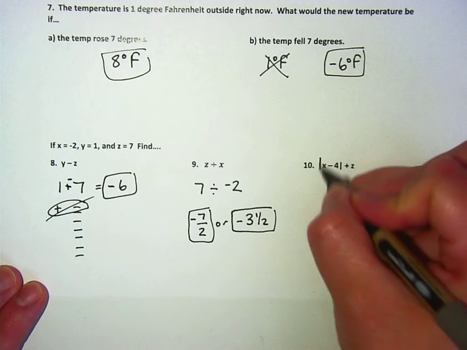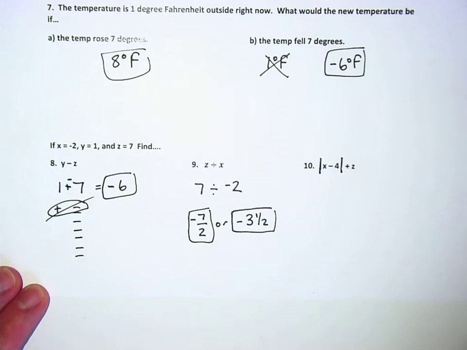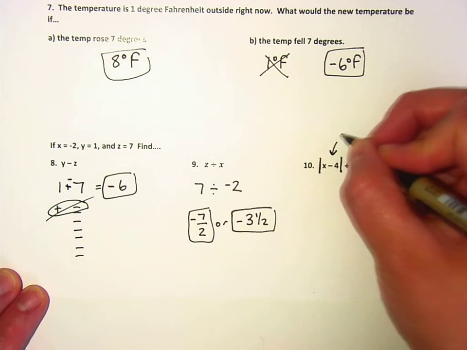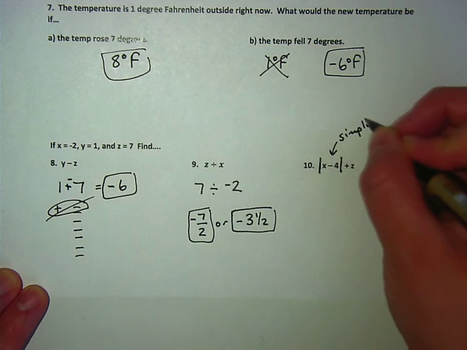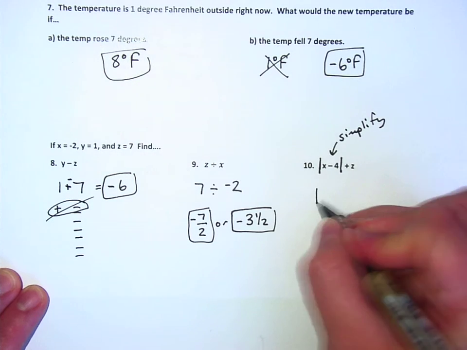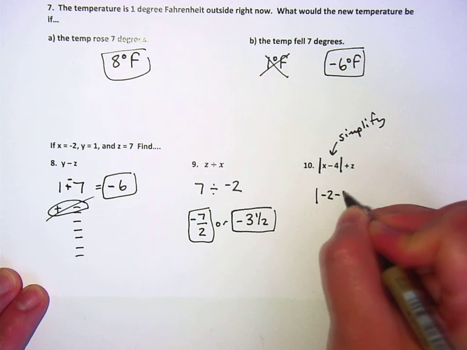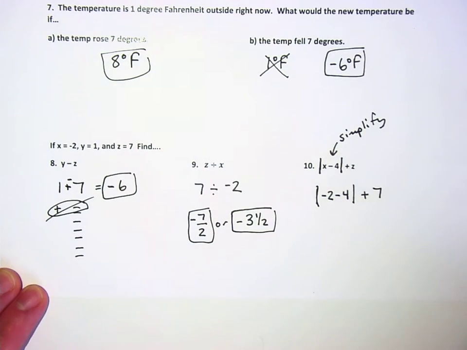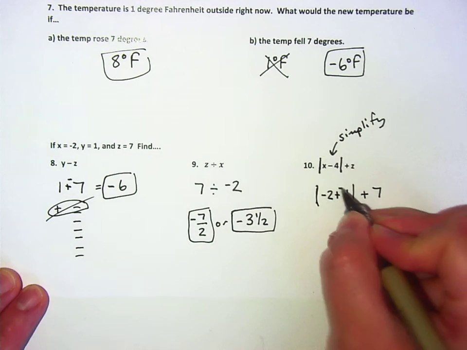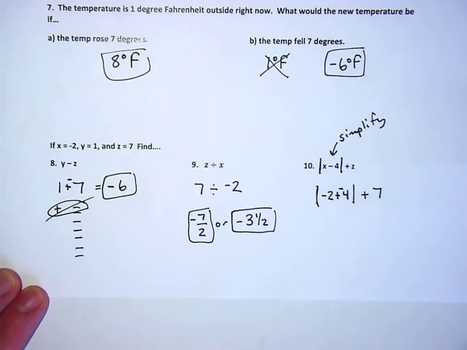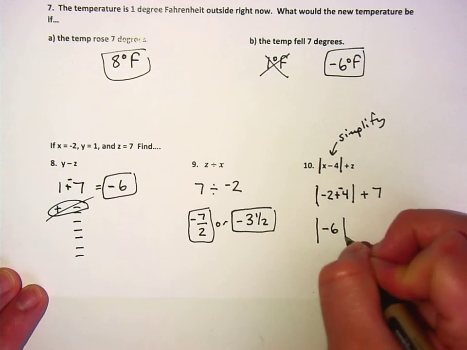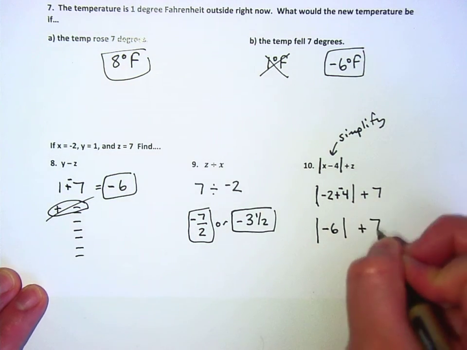And finally, these are absolute value signs. What do absolute value signs mean again? How far away it is from 0, but you only do that once you simplify the inside first. So absolute value of negative 2 minus 4, absolute value, plus 7. What's negative 2 plus a negative 4? So then we're going to write the absolute value of negative 6 and then add 7.